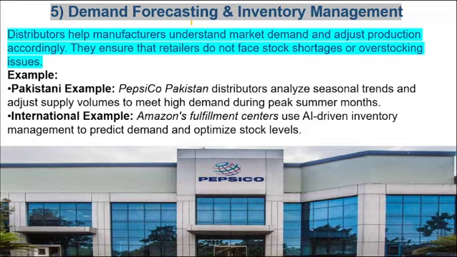So they are also helping the companies or manufacturers with forecasting and inventory management. And also they are helping two sides. First side is the manufacturers. Secondly, they are helping the shopkeepers.